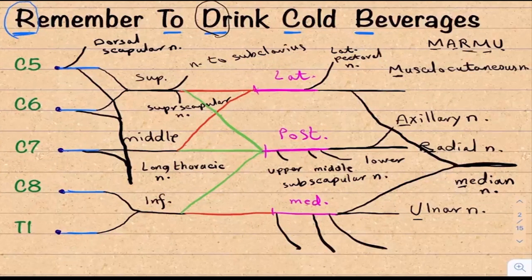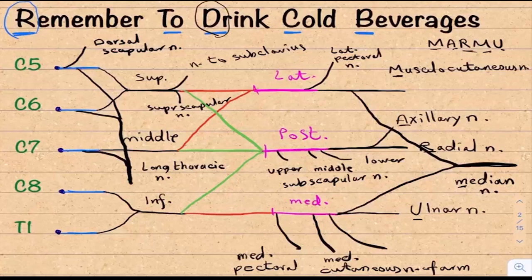One is called the medial pectoral nerve. The other one is called the medial cutaneous nerve of the arm. And finally, the last one is called medial cutaneous nerve of the forearm.